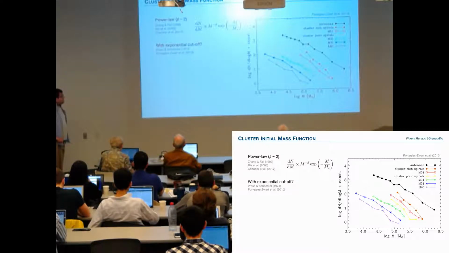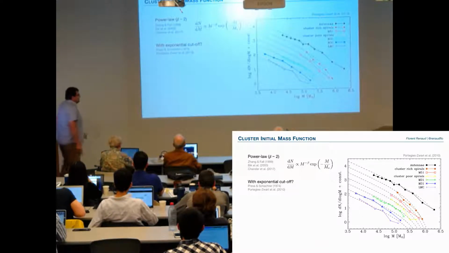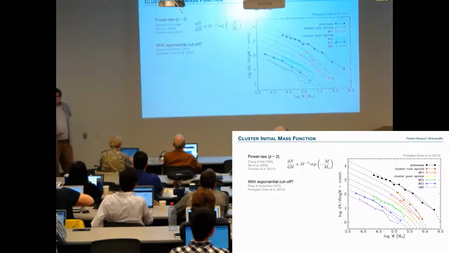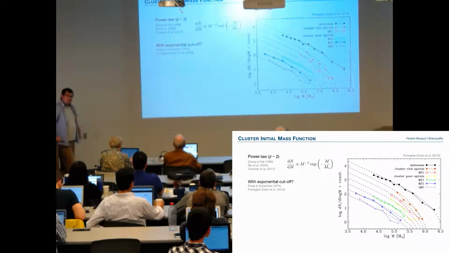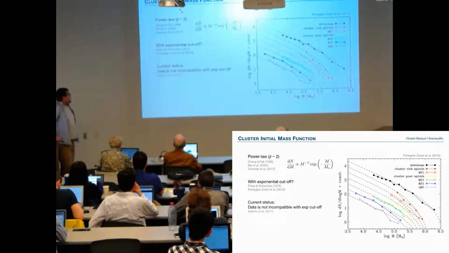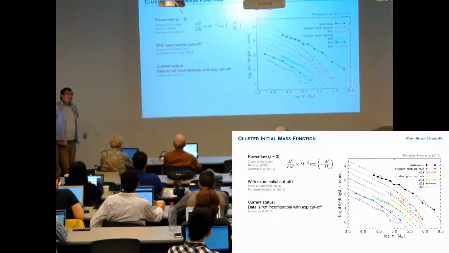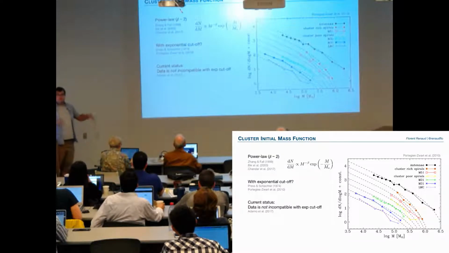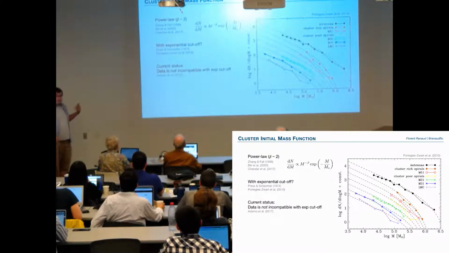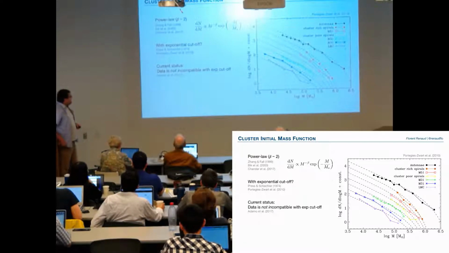Frankly, I don't really see an exponential cutoff unless my eyes are guided. But even then, it's not very convincing. The bottom line, with very careful analysis, is that the data is not incompatible with an exponential cutoff. So to be clear, we don't know. We don't have the data we need to answer this question.